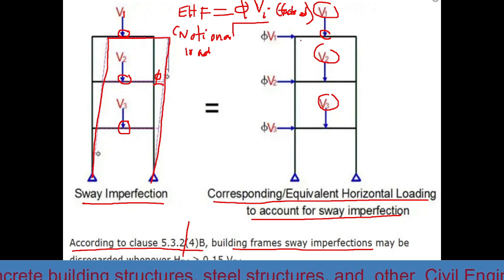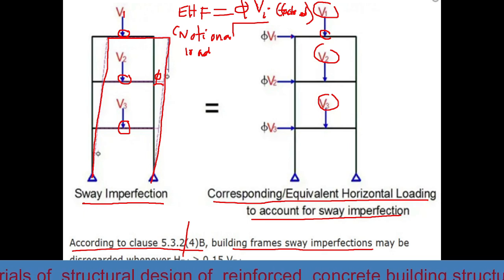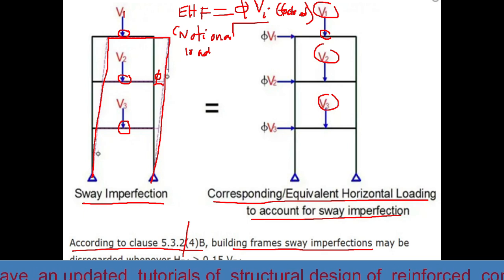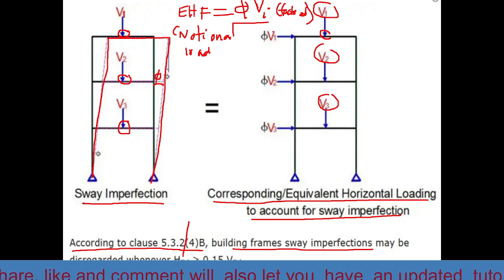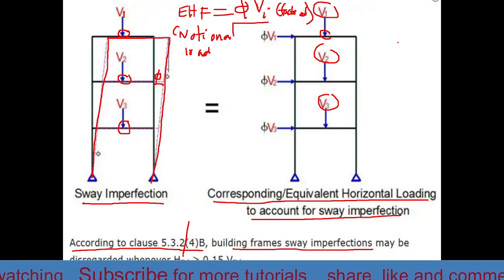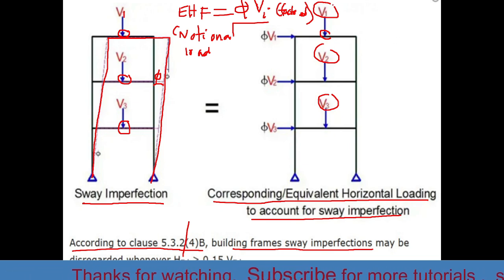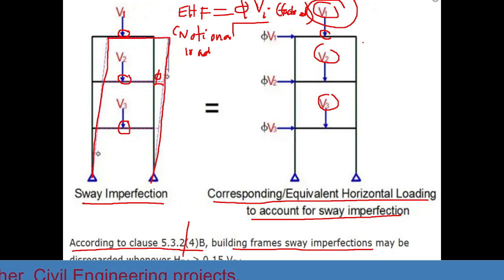The equivalent horizontal force must be applied to account for imperfection if and only if the total horizontal force applied on our structure is less than 15% of the total gravity load applied at every story.